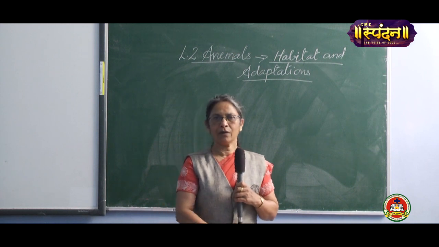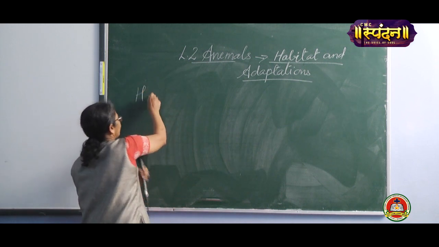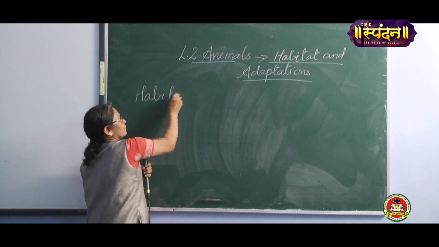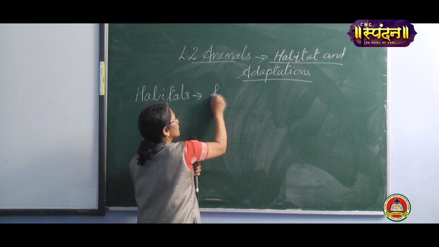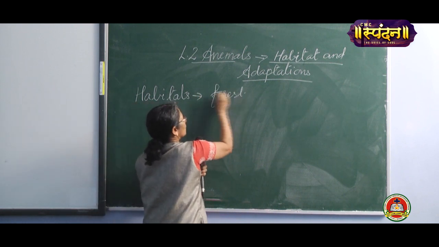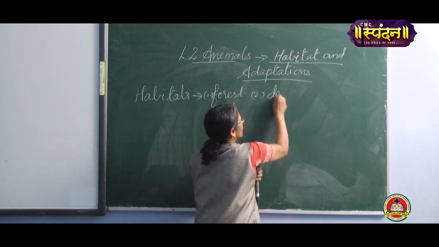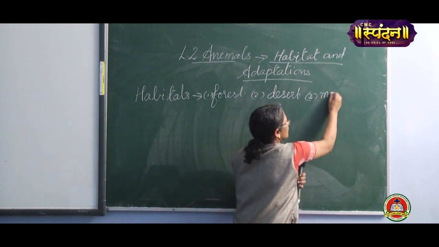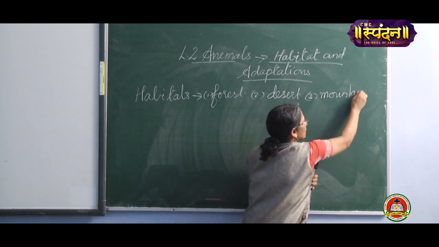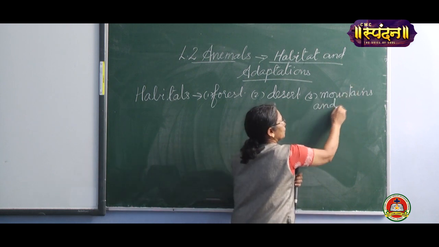Okay. Now there are 5 different kinds of habitats, children. 5 habitats. The first one is forest. Second one is desert. Third one is mountains and polar regions.